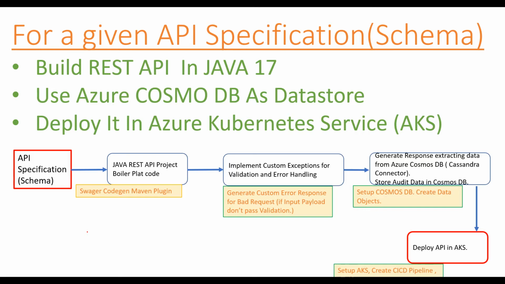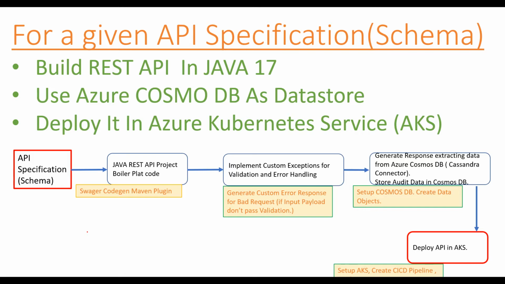The format of the document is either JSON or YAML. Once this document is ready, the architect hands over the document to the development team, and the development team then builds the API and deploys it. Keep this in mind.